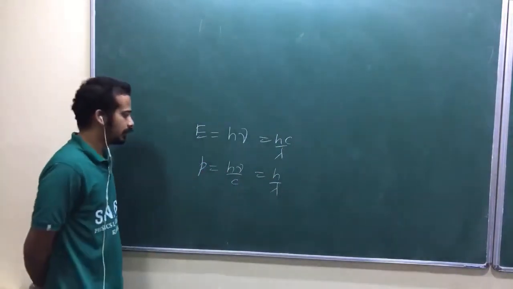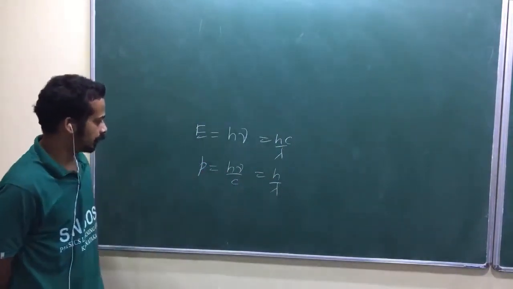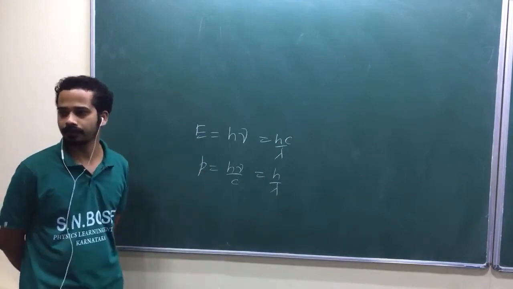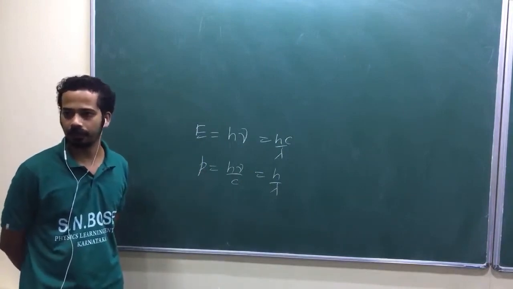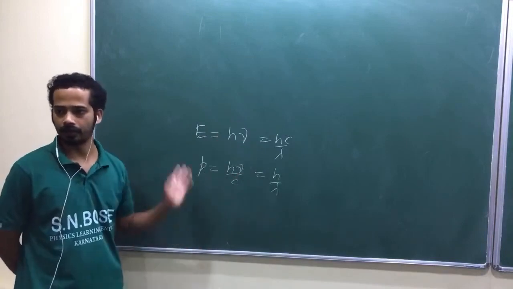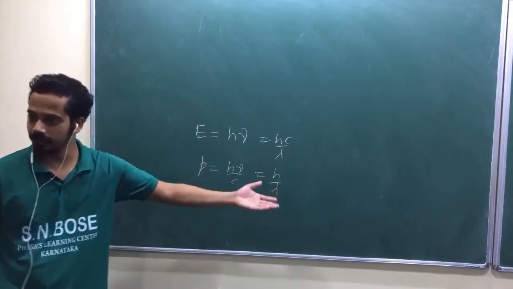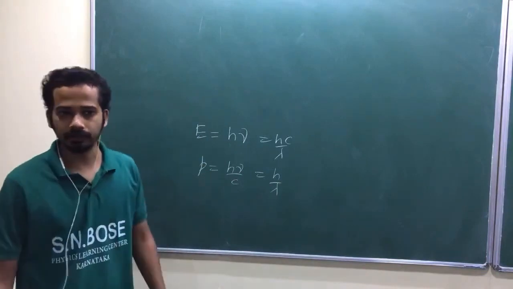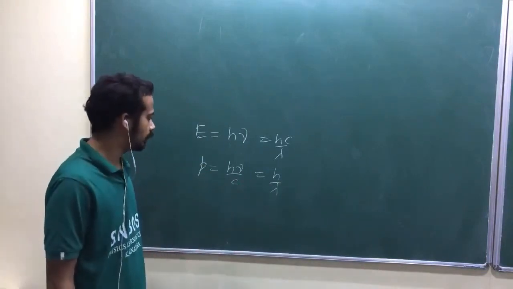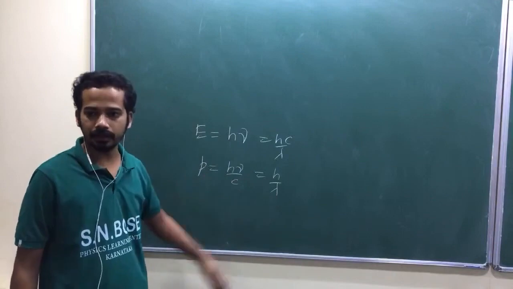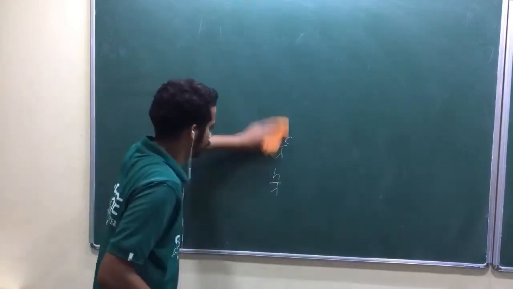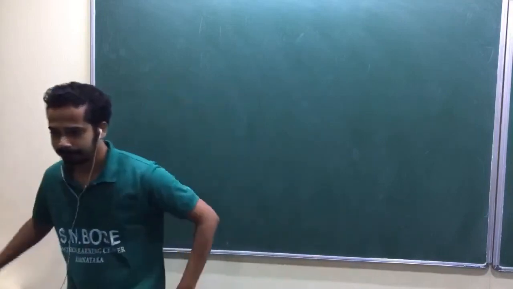But once I start treating light as composed of photons, I will never think of wave nature or wave behavior. I can explain all phenomena using that one. Even interference and diffraction, we shall study that one. Without treating wave behavior, we can study interference and diffraction using particle theory only. So that's what we are going to learn here.